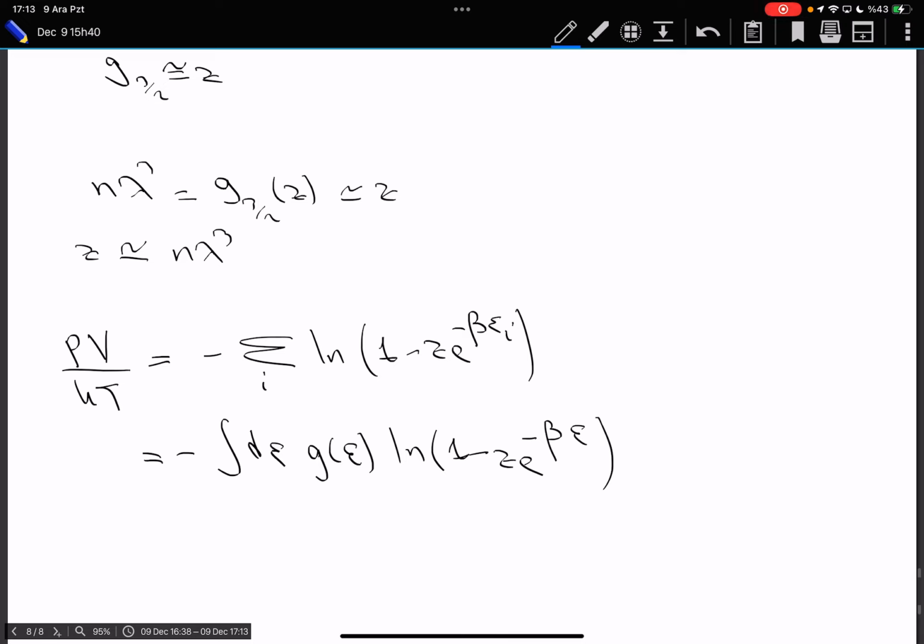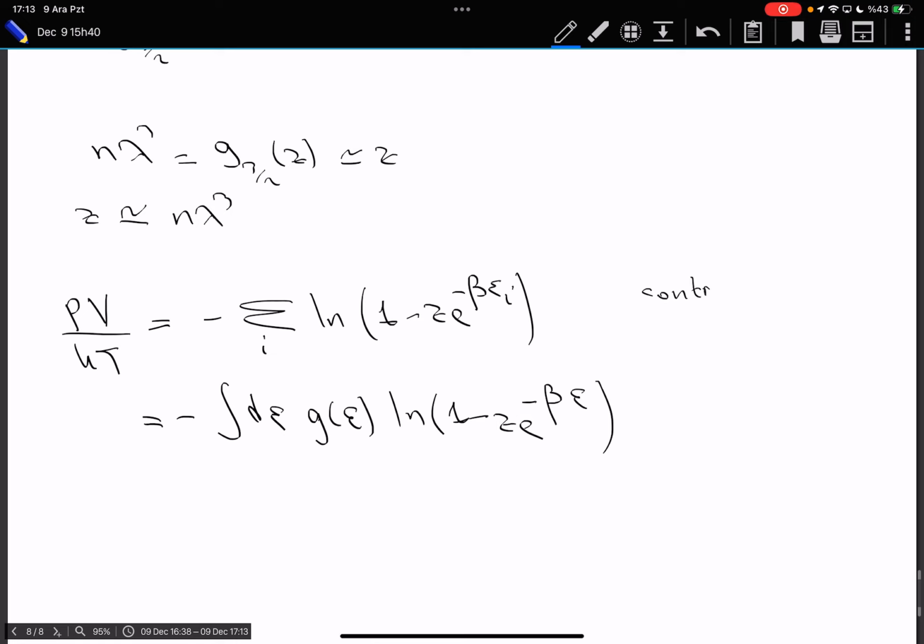If you look at the ground state, it's just a constant. The contribution of the ground state will be just minus logarithm of 1 minus z. I'm just putting epsilon equal to 0.